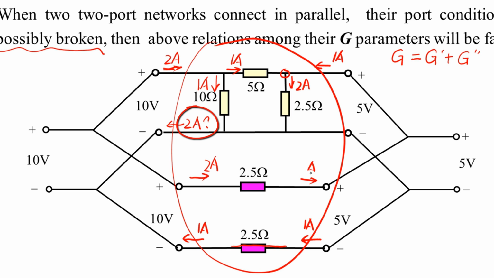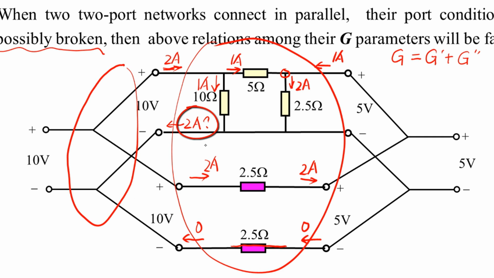Correspondingly, the current here is 2 amperes. Obviously, the current through this 2.5 ohm resistor is 0, or this branch will have voltage drop violating the KVL. The current here is 0, and the current here is 0 too. The composite port should still satisfy the KCL.